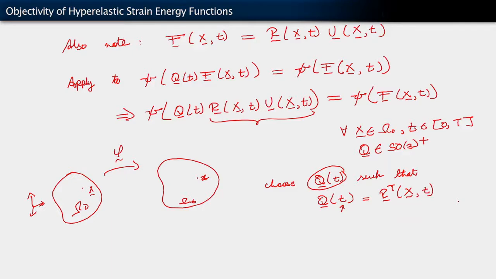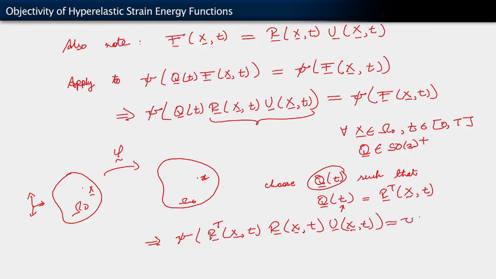So what this implies then is psi of R transpose (x,t) R(x,t) U(x,t) equals psi of F(x,t), sorry, R transpose, because that was the Q I picked.